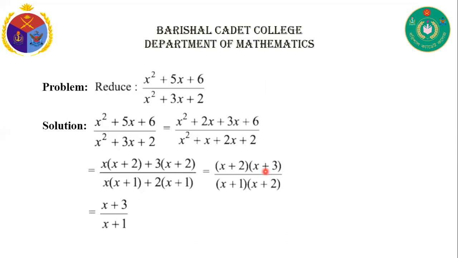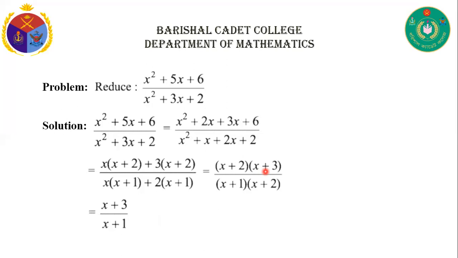That is, reduce x square plus 5x plus 6 divided by x square plus 3x plus 2. Here we also see that the numerator and denominator expressions don't have factorized form.